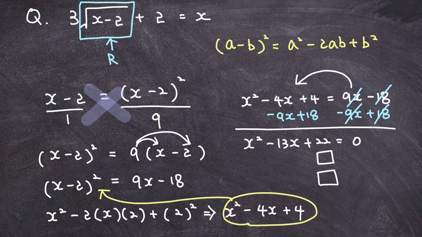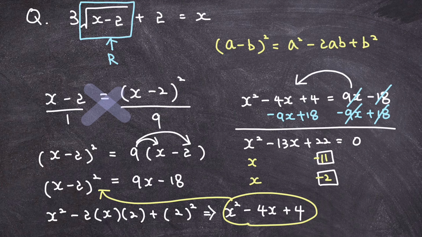And those numbers happen to be 11 and 2 with negative signs on both, because negative 11 times negative 2 will give me positive 22, and negative 11 plus negative 2 will give me negative 13. So those work perfectly together.